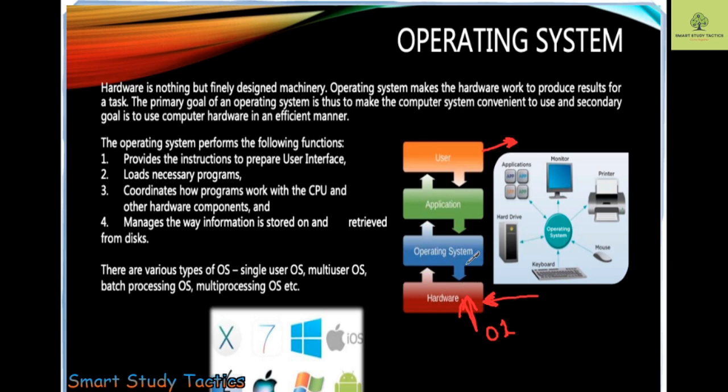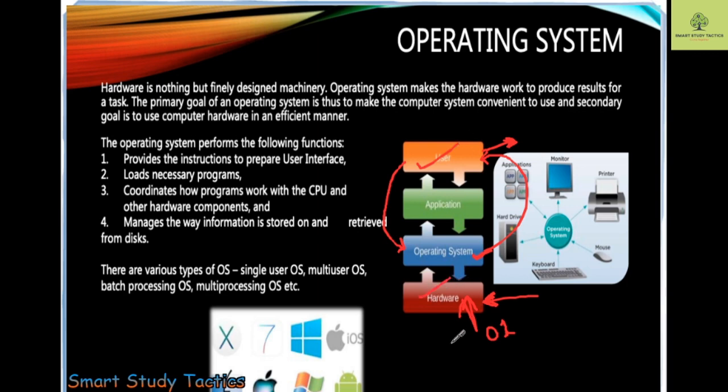You require a mediator which helps you to translate things. Whatever the machine responds to you, it will translate in your language, and whatever you want to communicate, you can communicate with the help of this way. So operating system is the way to make the interface between human and machine.